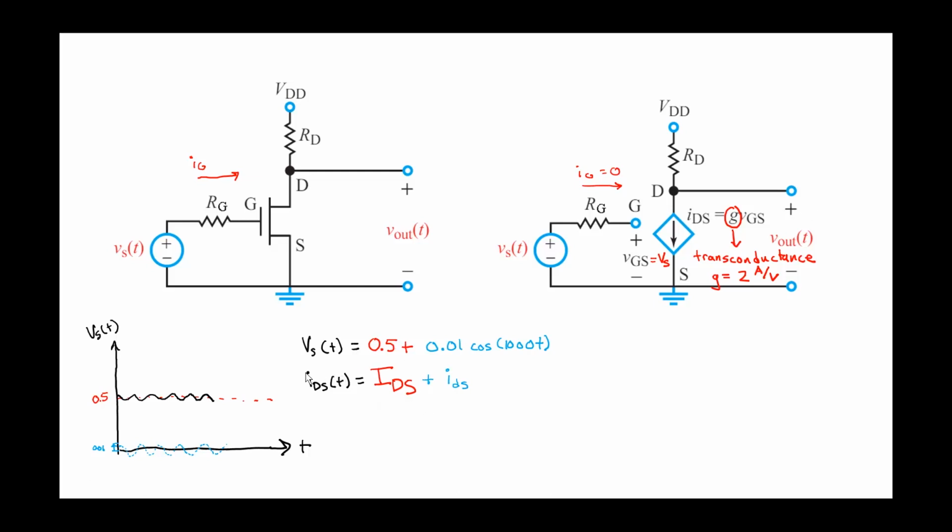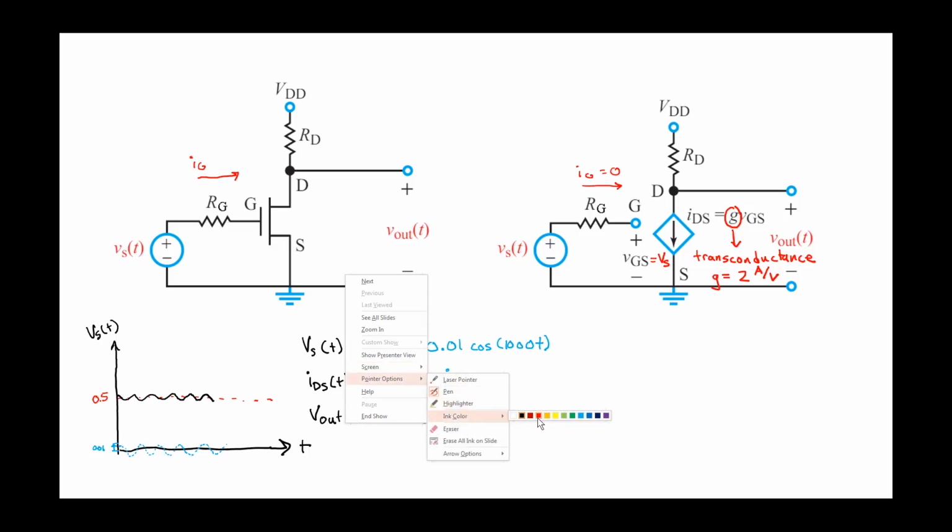Okay, so first let's think about what IDS does. So a voltage at VGS will cause this current to change. And as that current changes, that current goes through this resistor RD. And that changes the voltage drop across that resistor. So the output voltage V out of t consists of this DC voltage VDD.